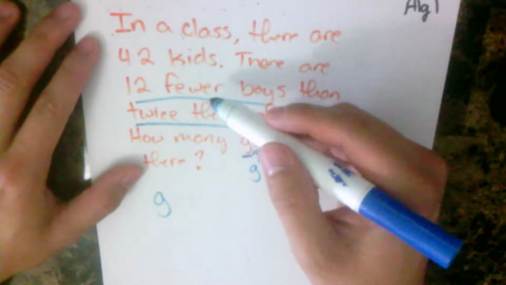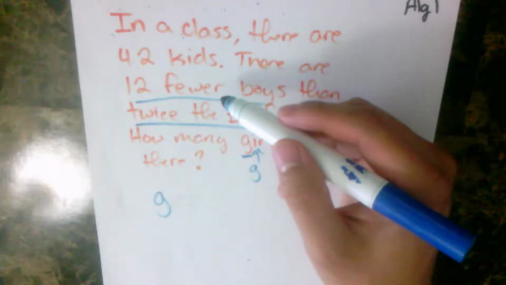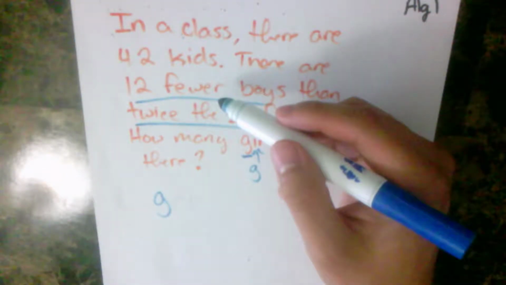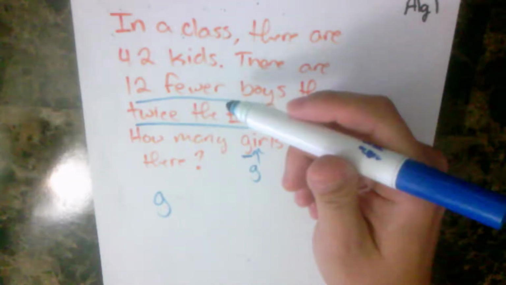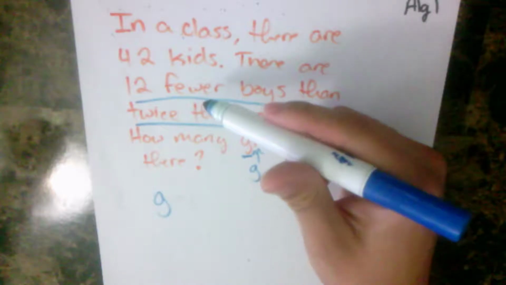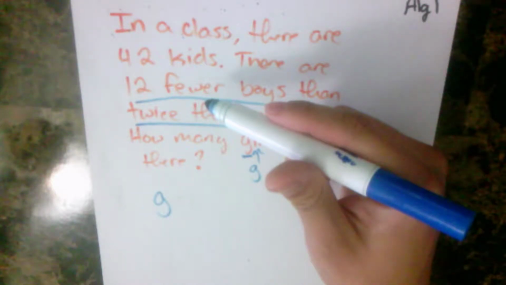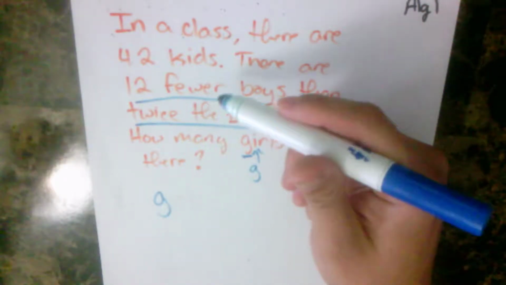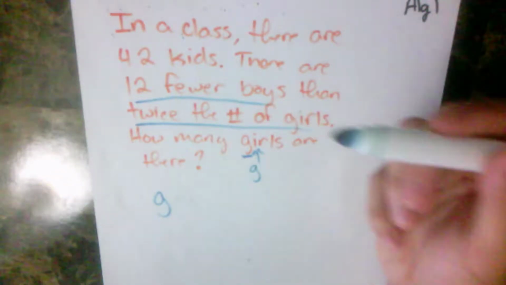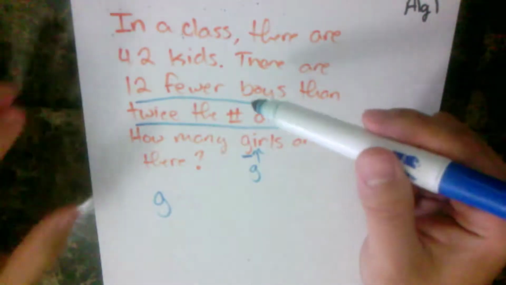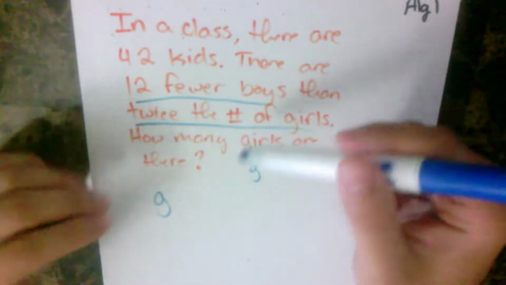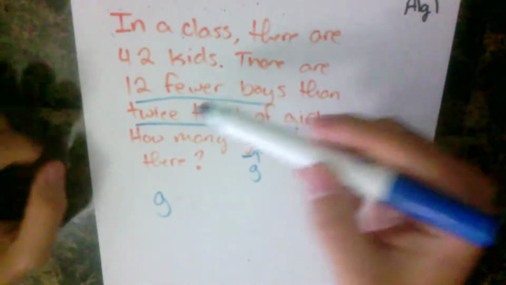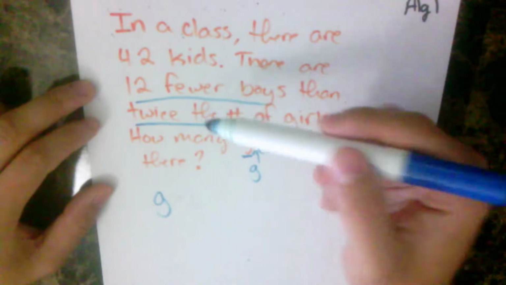Fewer, if you look on page 9 in your textbooks, is translated to subtraction. In any case, the words they use matter, and you can use page 9 if you're not used to them. I would definitely start to memorize that chart. But 12 fewer boys just makes sense that it would be subtraction.